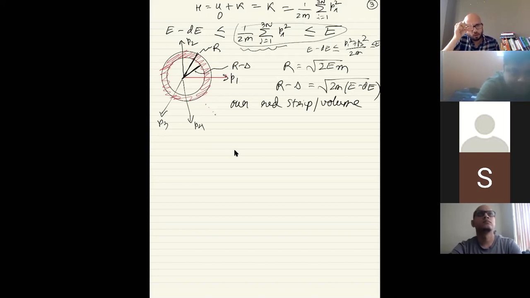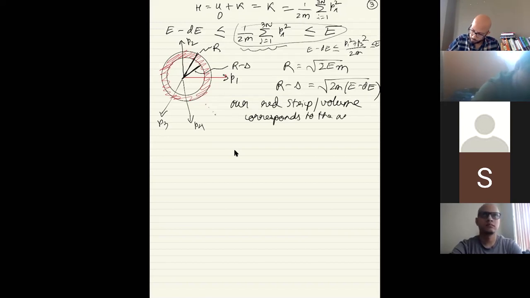It is the volume of that shell that is in between two spheres, a bigger sphere and a slightly smaller sphere, and you want to calculate the volume that is right in the middle. So our red strip or volume will correspond to the accessible volume in phase space.